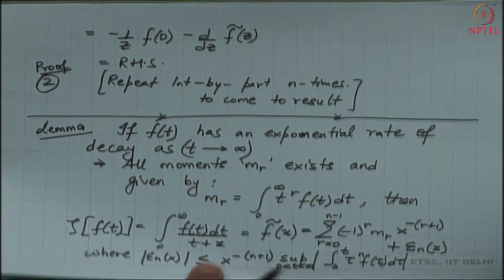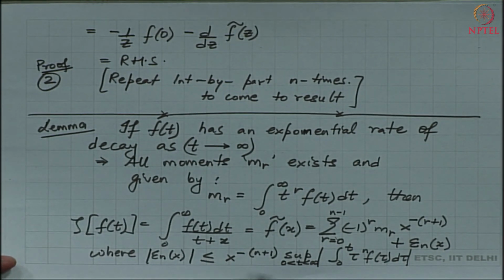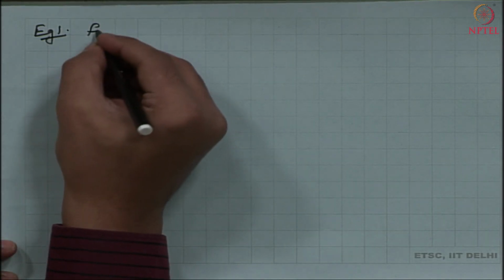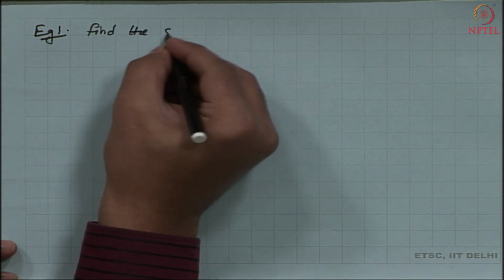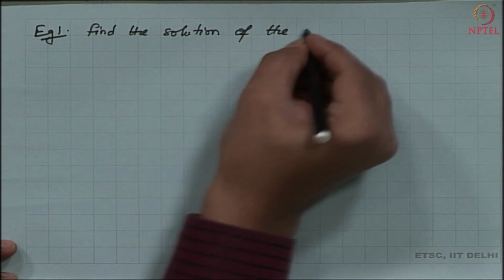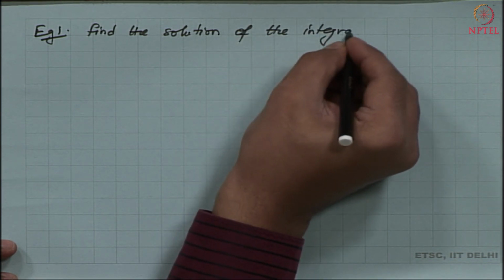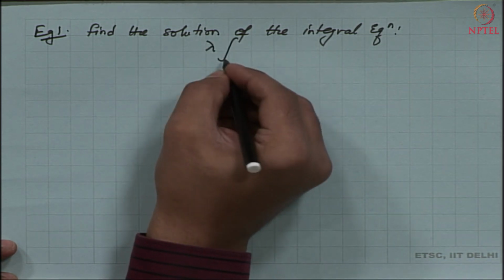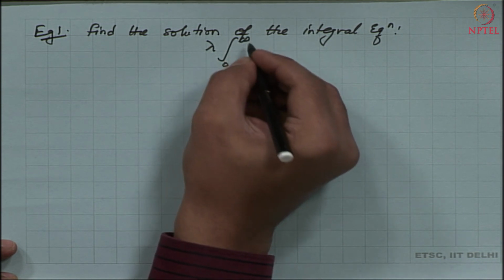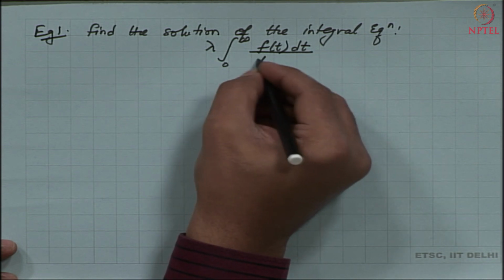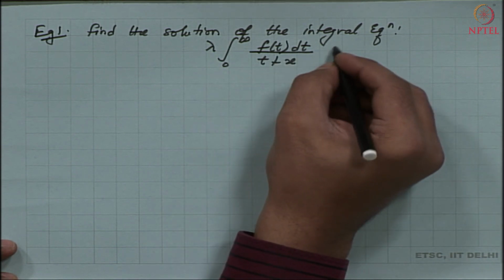So, then I am going to use this result in the following example. The example says, find the solution of the integral equation given by lambda times the integral from 0 to infinity of f of t dt divided by t plus x, and this is also equal to f of x.